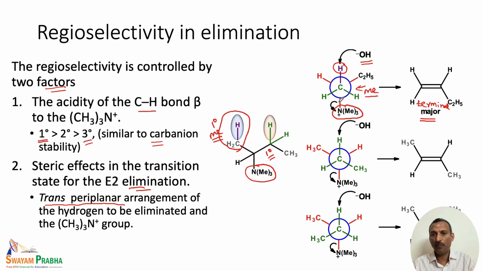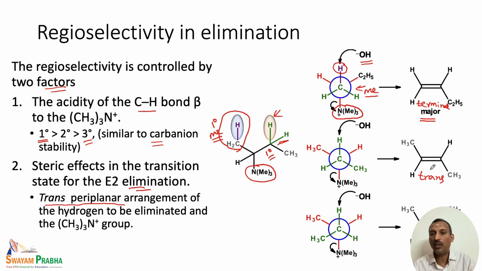This is an important requirement for the E2 elimination, and that leads to the major product as shown here. If you look at the CH2 hydrogen, we have two hydrogens. Depending on which hydrogen is lost, we end up with trans and cis products. The trans and cis alkenes are formed.